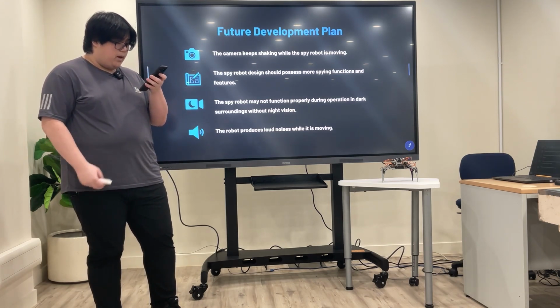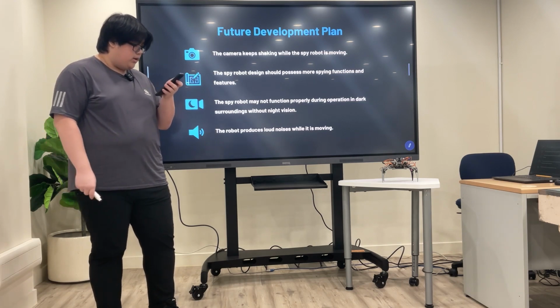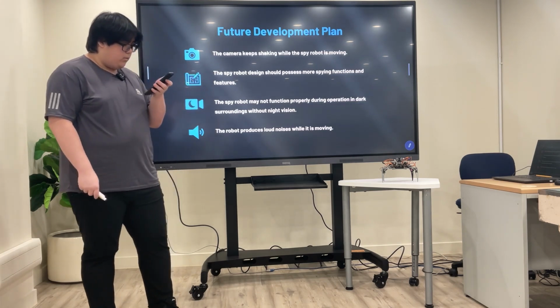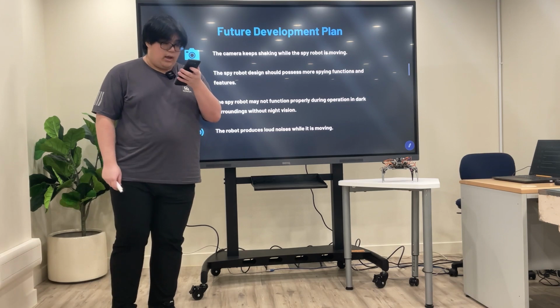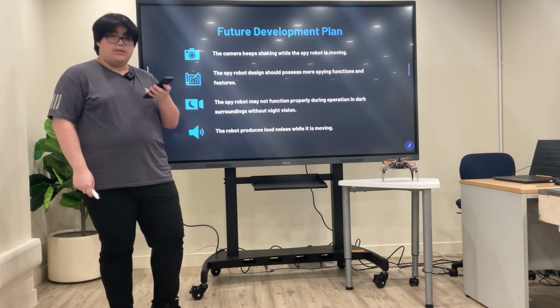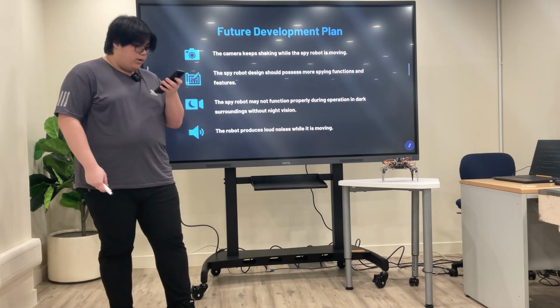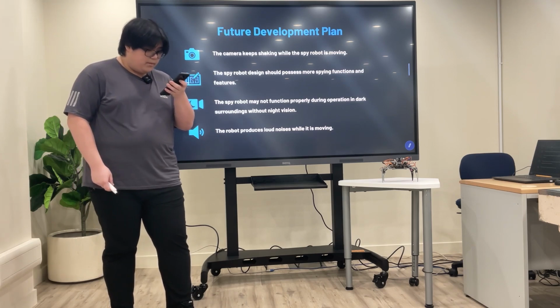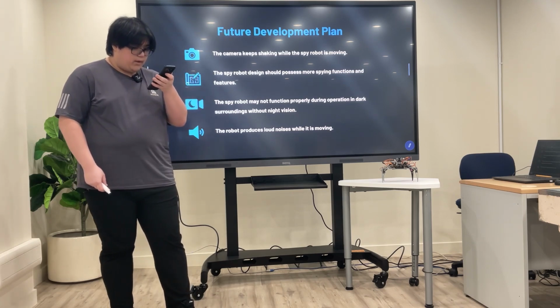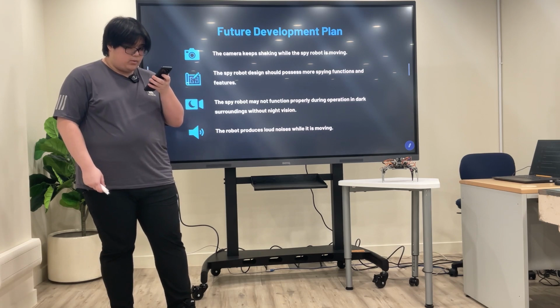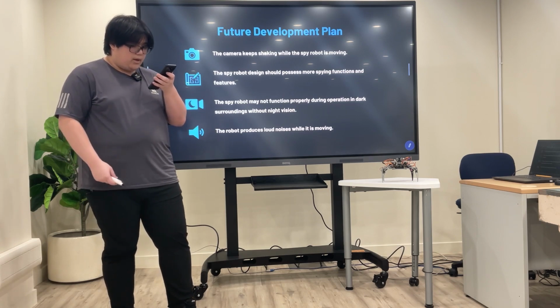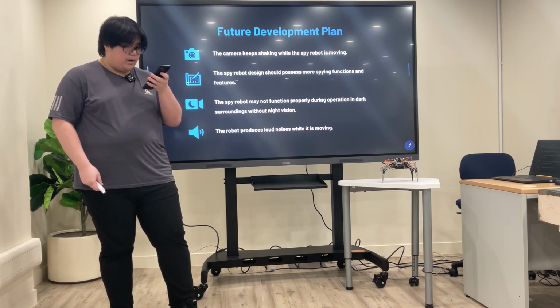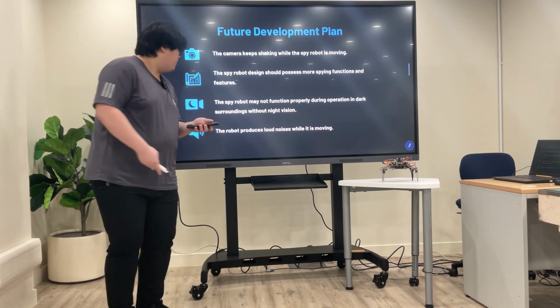For example, the spy robot does not function properly in a dark environment without night vision, and the camera is unstable while the spy robot is moving. Therefore, we will carry out more upgrades and modifications for the spy robot in the future. The robot will be equipped with a night vision camera, and new materials will be explored to make less noise from the joints of the spy robot's legs and body.